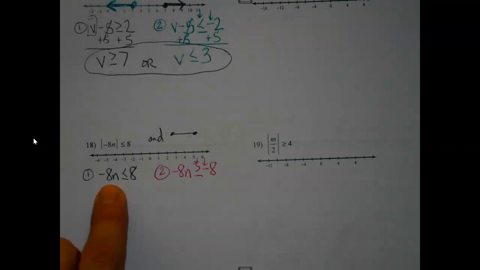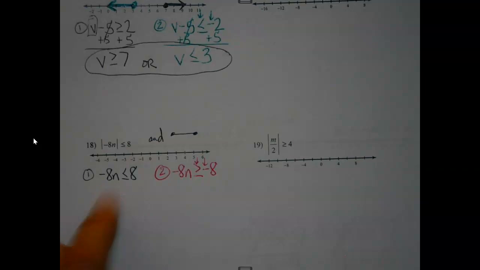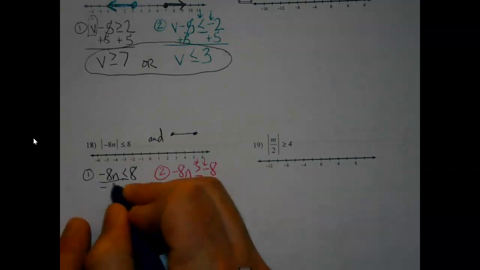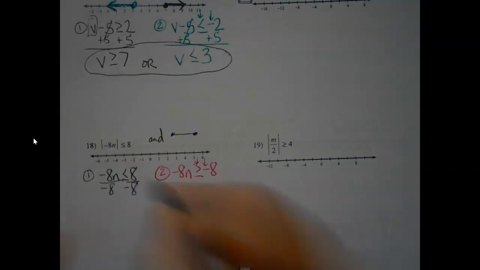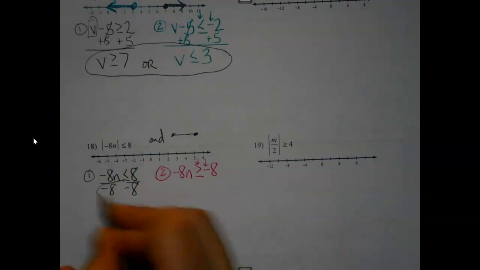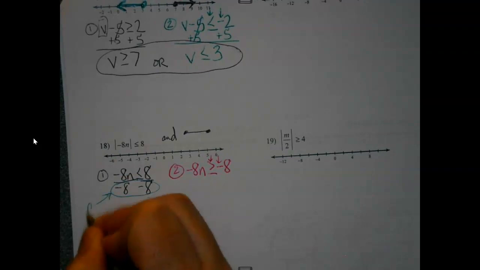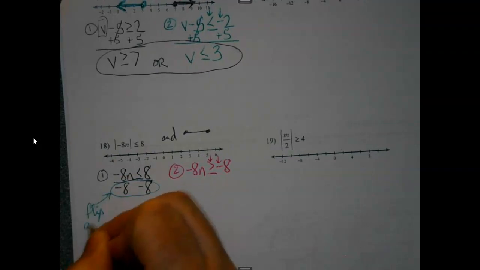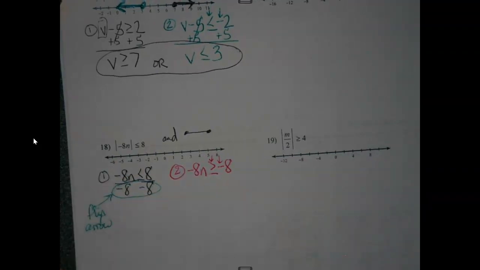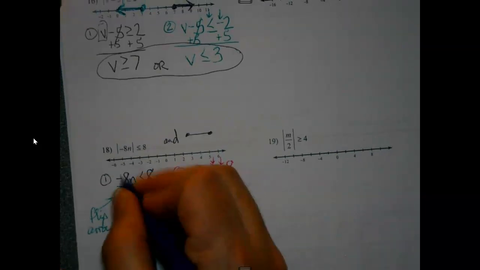What's the opposite of multiplying by -8? Dividing. Yeah. And when you divide by a negative to both sides, our arrow is going to flip. Only when this situation happens, though.